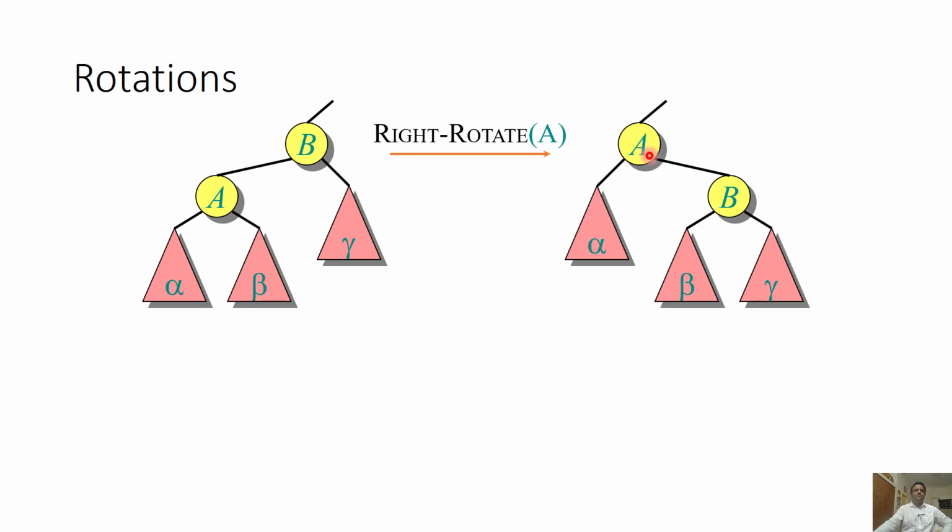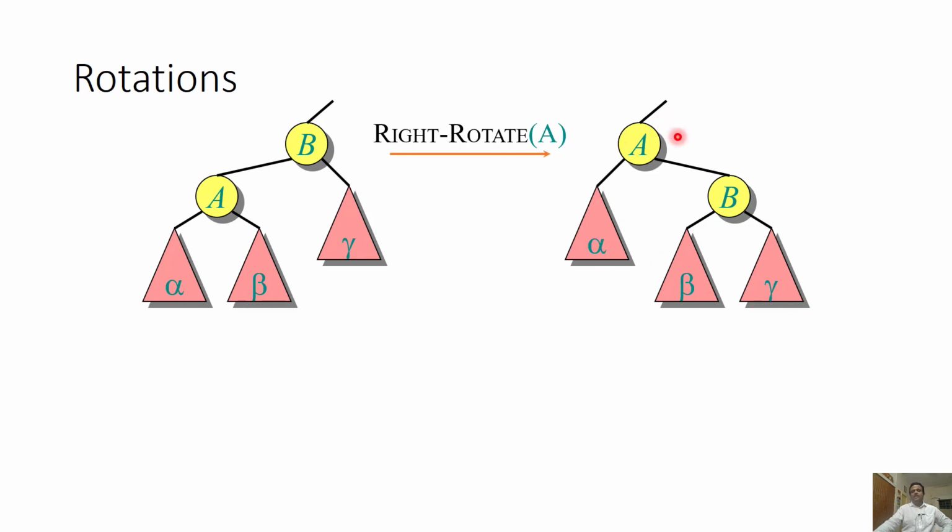Now, the parent of B will be A, and the right subtree of A was this beta hanging tree, and now it will be the node B, and these two are hanging with the B node. And you can easily verify that these binary search tree properties are satisfied.